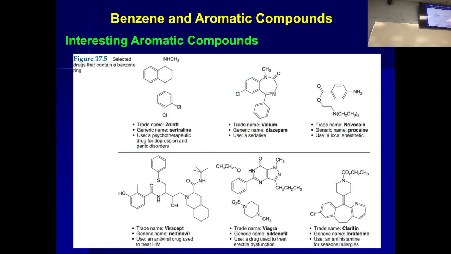Okay, but there are other examples that we can show where we have benzene or aromatic compounds that actually have very good uses. This is Zoloft. This is a psychotherapeutic. It's used to treat depression and panic disorders. It was one of the first billion-dollar drugs back in the 90s.